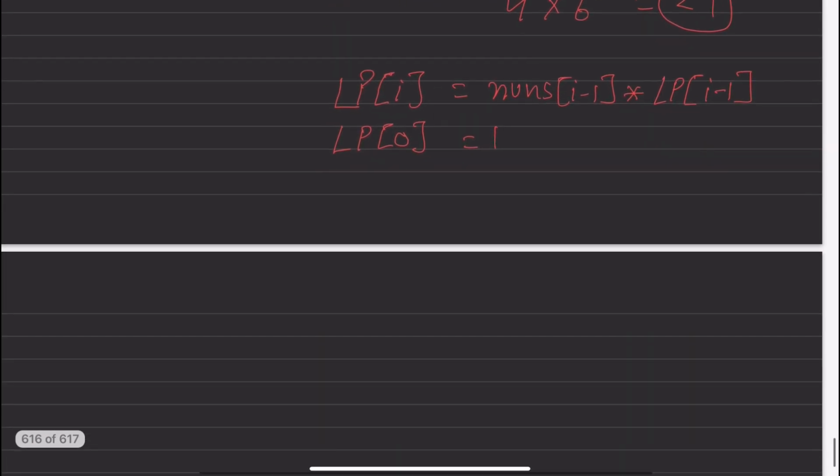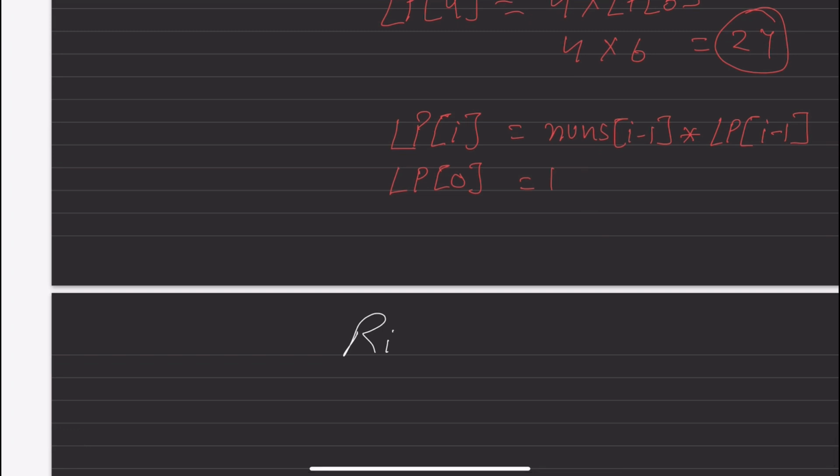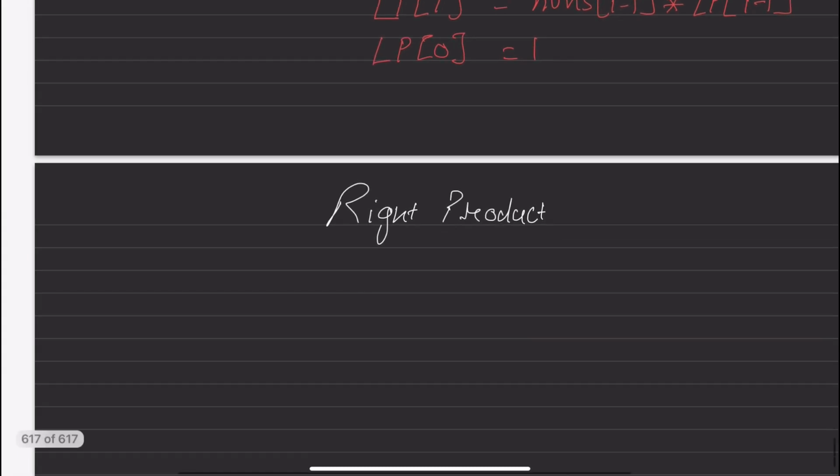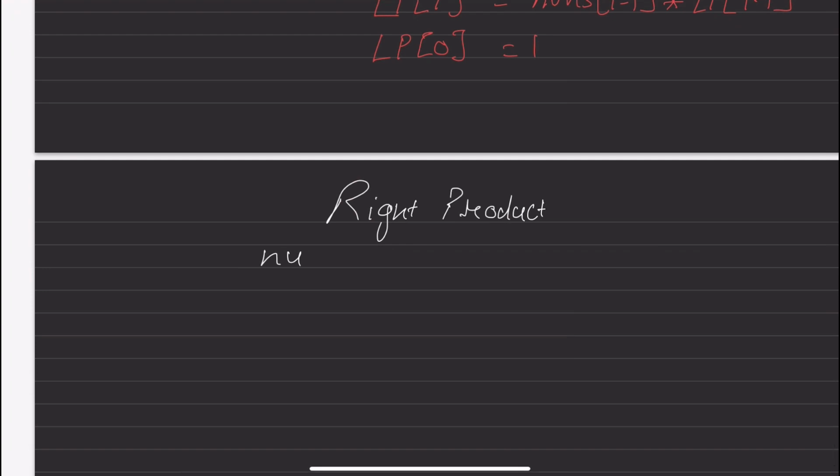So now let's talk about the right product. For the right product, it is similar to the left product, with only one change: now we have to traverse from right to left, right?